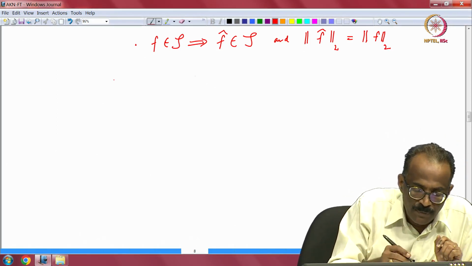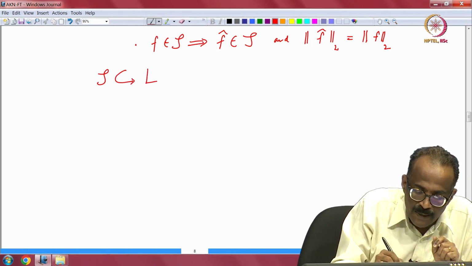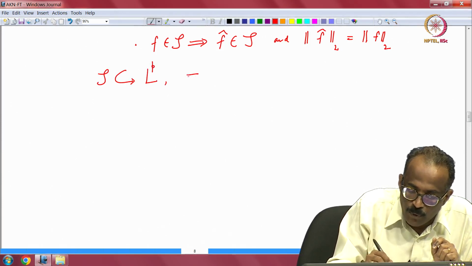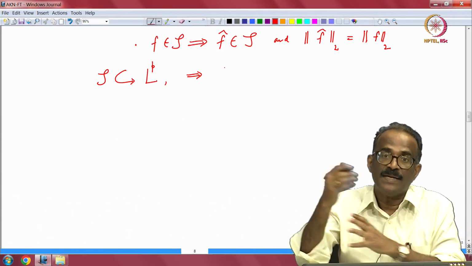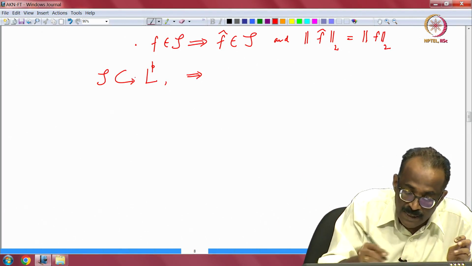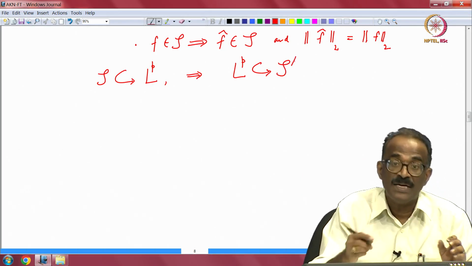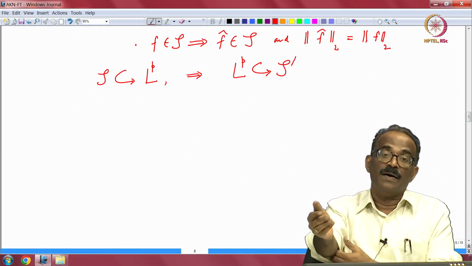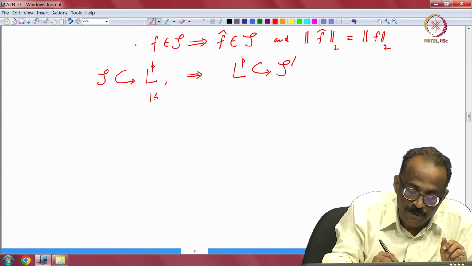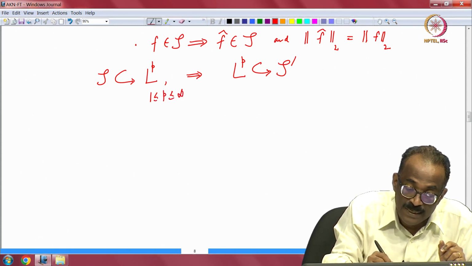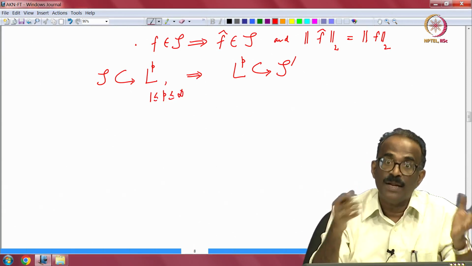So what have we proved? Zeta is in LP, and because it is true for every LP, by taking duality you get every LQ. This is equivalent to saying that LP is contained in zeta prime. This follows because zeta is in LP for all p with 1 less than or equal to p less than or equal to infinity, so taking duality, the LP dual will be some LQ, and all LQs are in zeta prime.